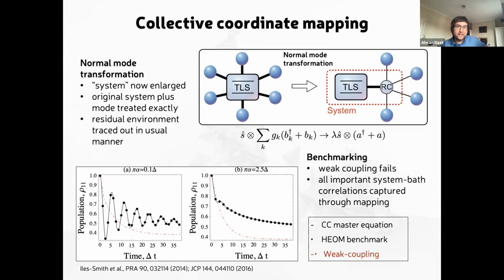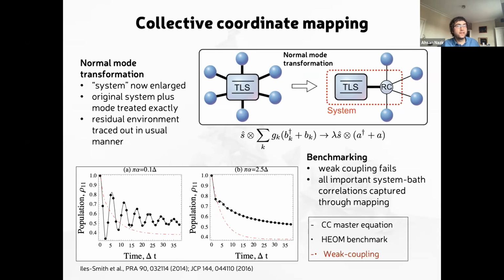On the left-hand side, I've got a situation where the coupling is relatively weak, so it's an order of magnitude smaller than the internal energy scales of the system. But I've chosen a bath spectral density that gives rise. So the spectral density is a measure of the system bath coupling weighted by the environmental density of states.